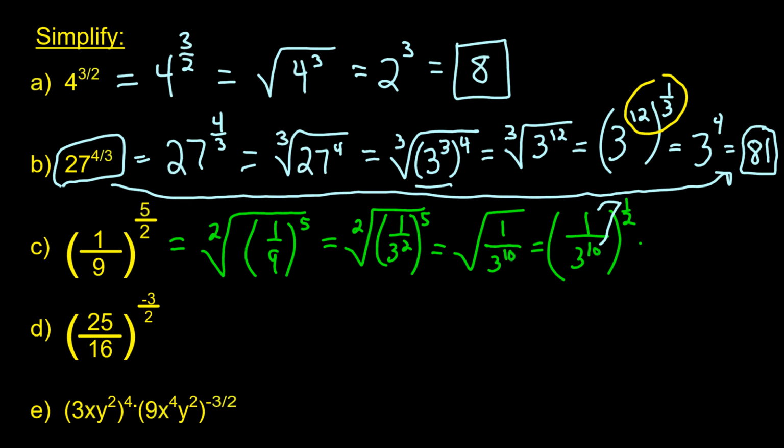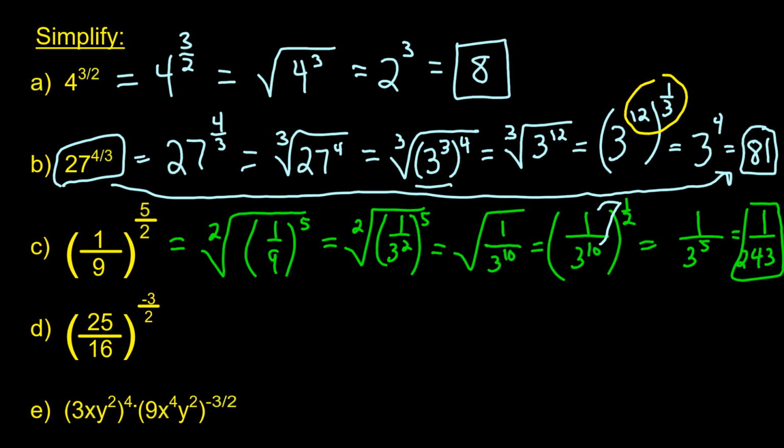So 1 to the 1/2 is just 1. And then 3 to the 10th to the 1/2, when we multiply those, we get 3 to the 5th, which is 243. So this would be 1 over 243. So that's our final broken down answer of 1/9 to the 5/2.